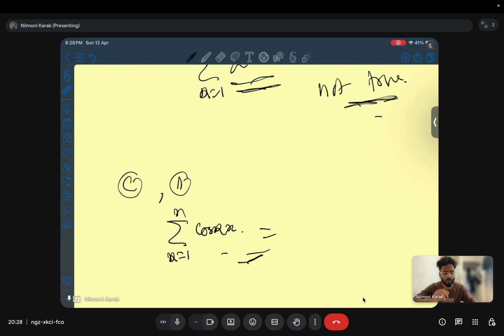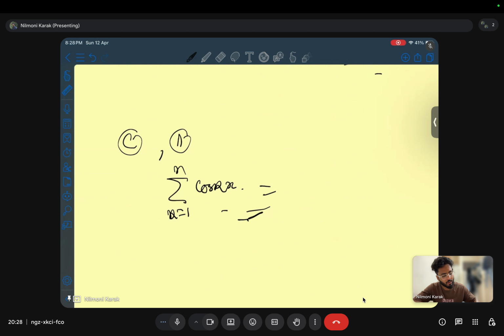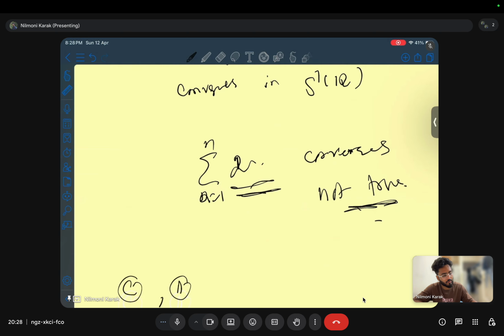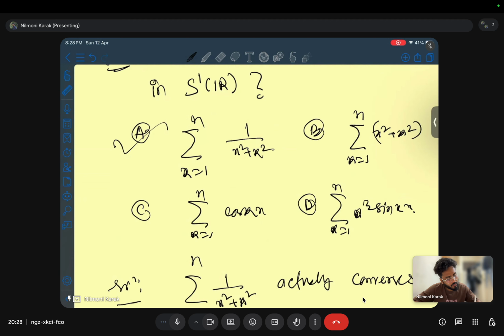Also this is convergent in the distributional sense, and this is also k cube sin kx. Okay, both are convergent in the distributional sense. Okay.